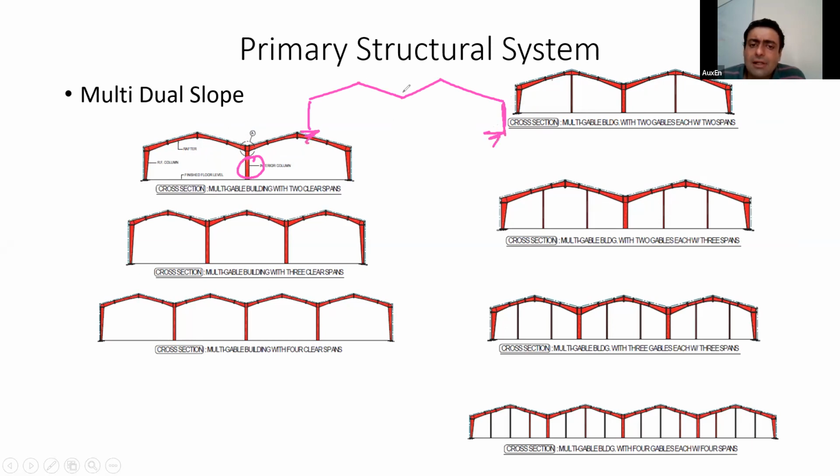But then structurally, this point becomes very weak. It will be subjected to high deflections. All those things will come up. So if you are giving this shape, then it is required to have a support element over here. Or else you go for a complete slope like this.